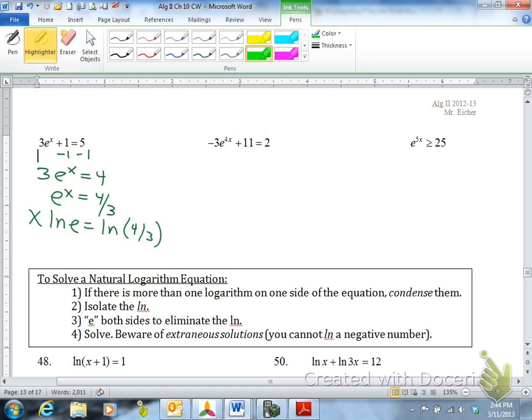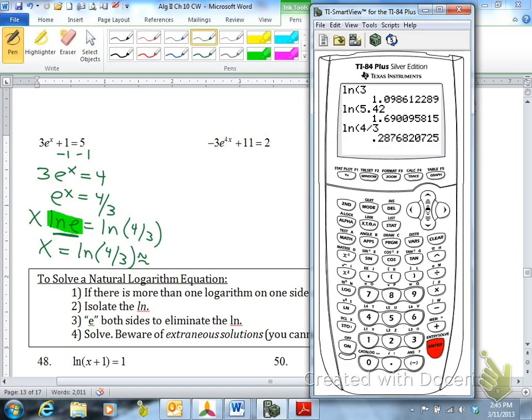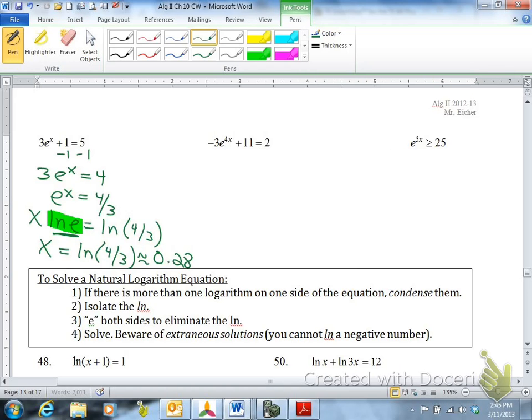And this part right here, ln e, equals 1 because they're inverses. So you basically have x equals ln 4/3. This is approximately 0.2877.